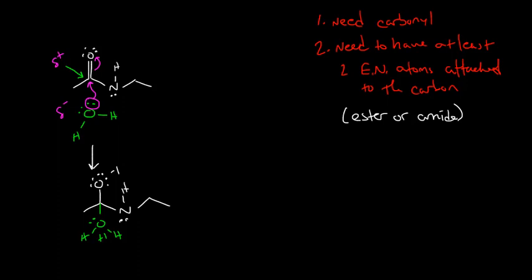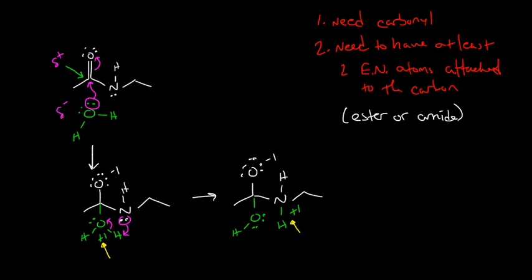Okay? We know that in our second step, we have a lone pair that reaches out and grabs this proton. When that happens, the electrons in the bond between the O and the H get pushed over to that oxygen. Okay, and the reason that we do this is so that we can move the positive charge from our oxygen from the water over to this atom that's adjacent to our carbonyl.